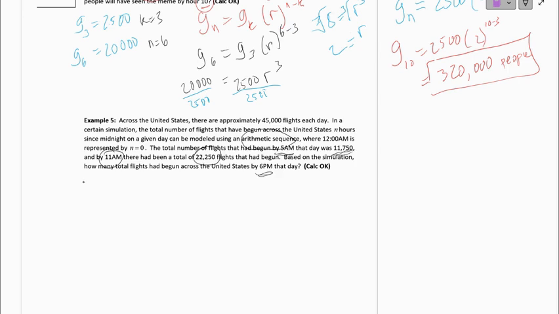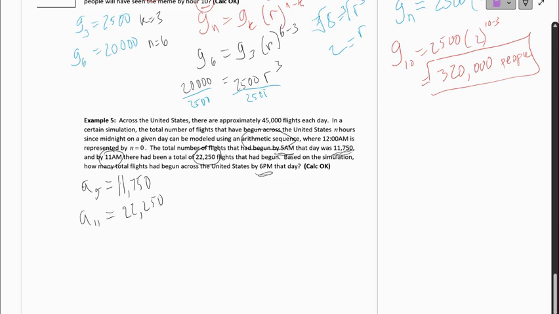So 5 a.m. means my a sub 5 is 11,750, and 11 a.m. means my a sub 11 is 22,250. I can use the general formula a sub n equals a sub k plus d times n minus k.